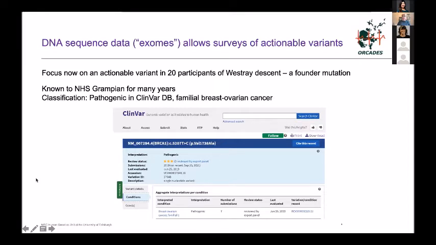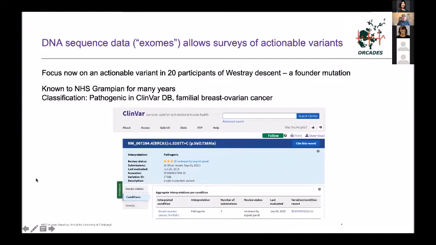And as we speak, we're focusing on an actionable variant which we found in 20 people descended from one island within the Orkney archipelago, and that's a so-called founder mutation. We didn't discover the variant, we uncovered it. It's been known to our colleagues in the NHS for many years. And there's just a wealth of information now online from across the world about these pathogenic variants in humans.